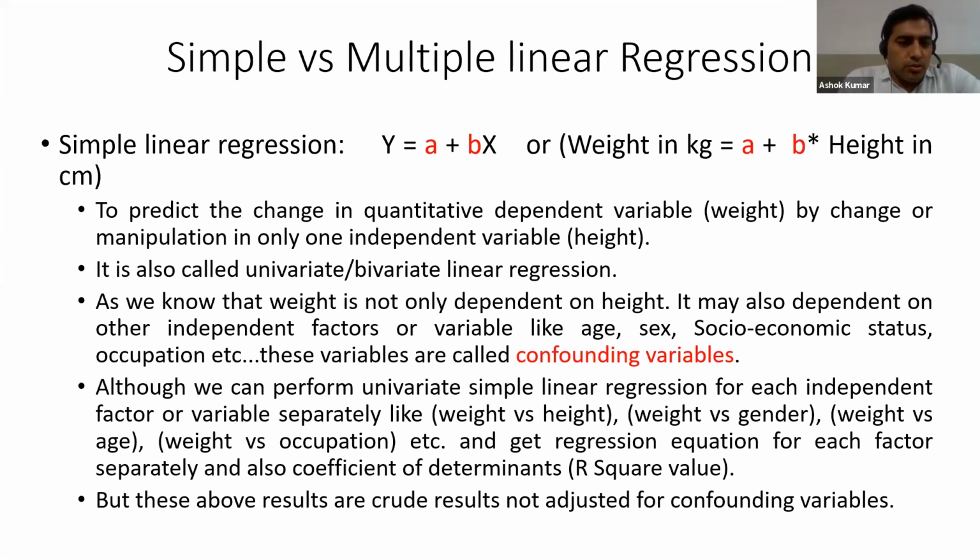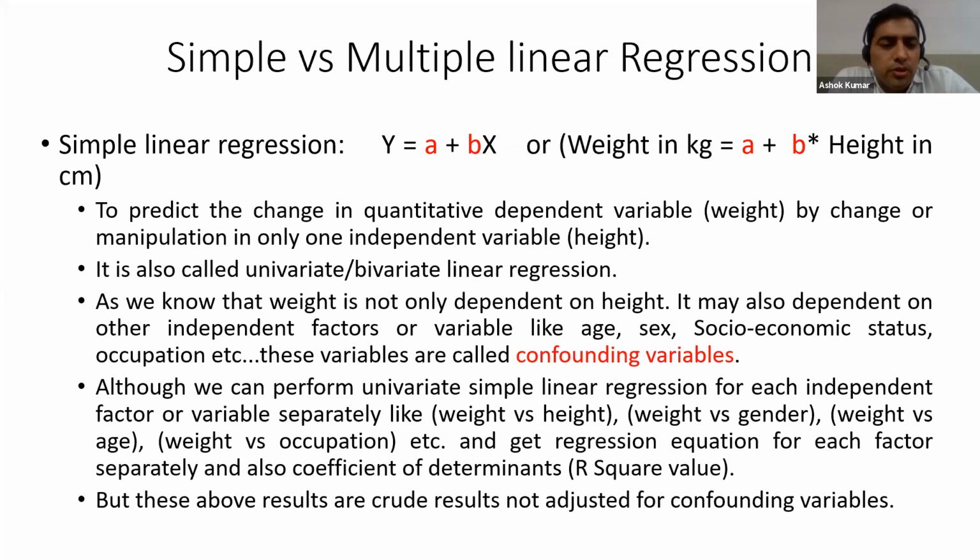So simple linear regression predicts the change in a quantitative dependent variable, that is weight, by change in only one independent variable, that is height. It is also called univariate or bivariate linear regression.